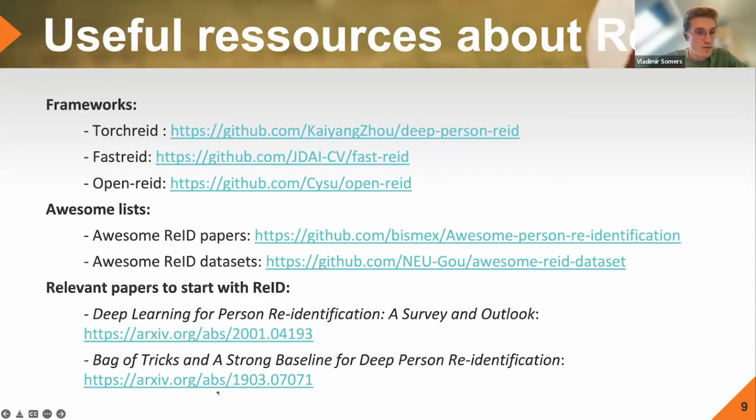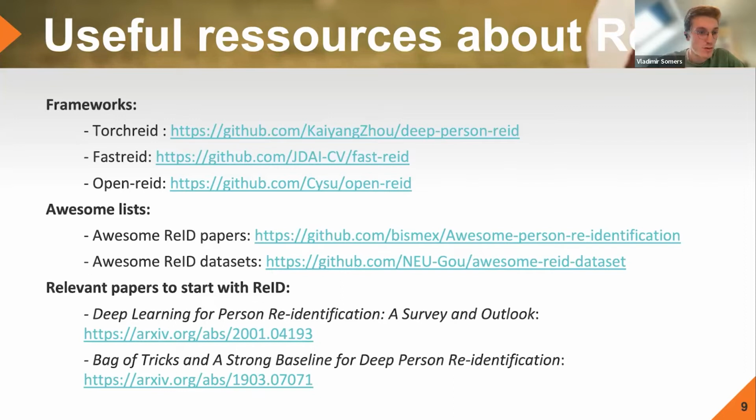And here are two interesting papers. The first one is the one I mentioned just before, deep learning for person re-identification, a survey and outlook. This is a very nice recent paper introducing the field of ReID, talking about metrics, datasets, the different state-of-the-art methods and approaches used to solve the task.